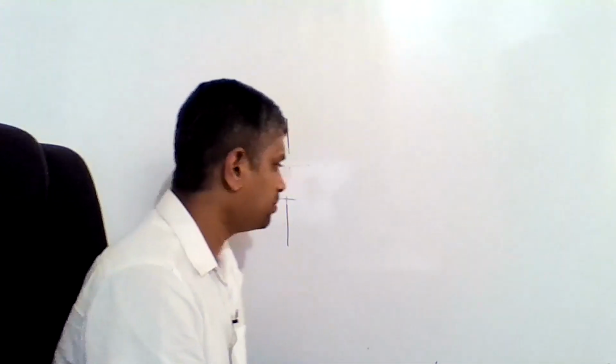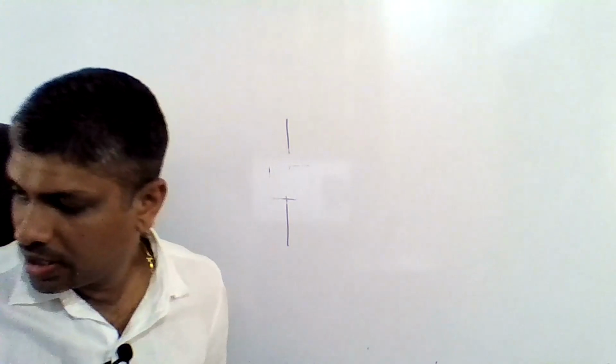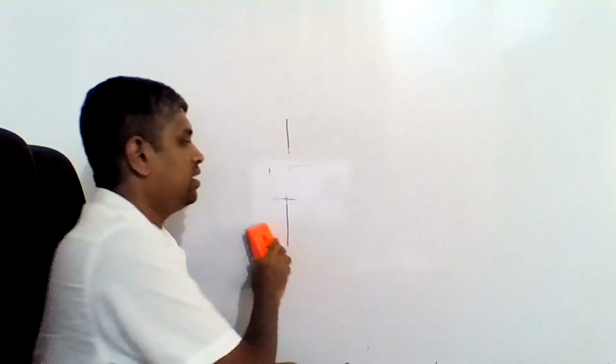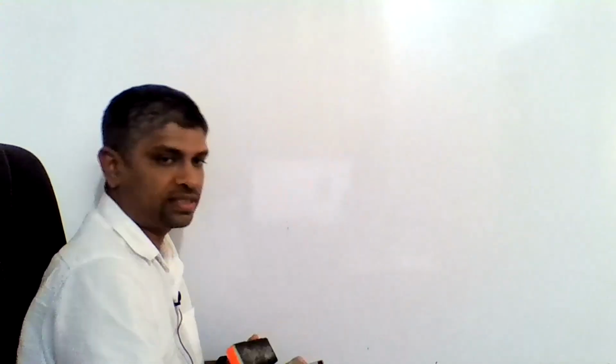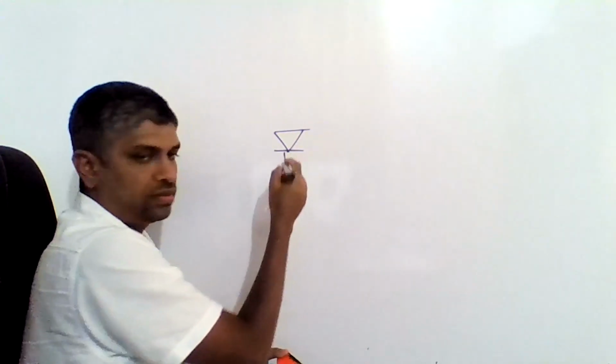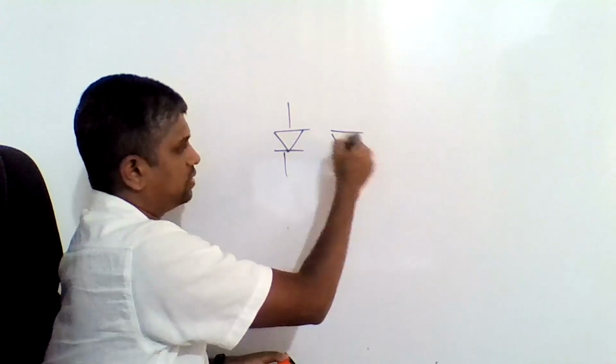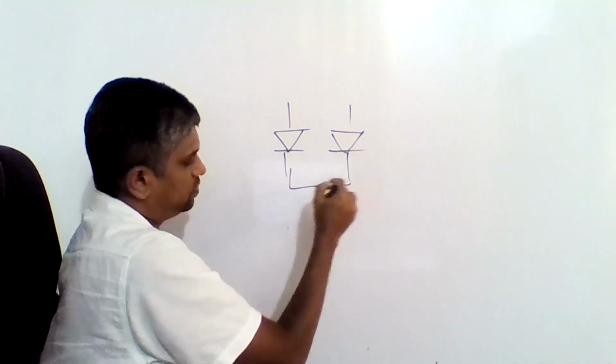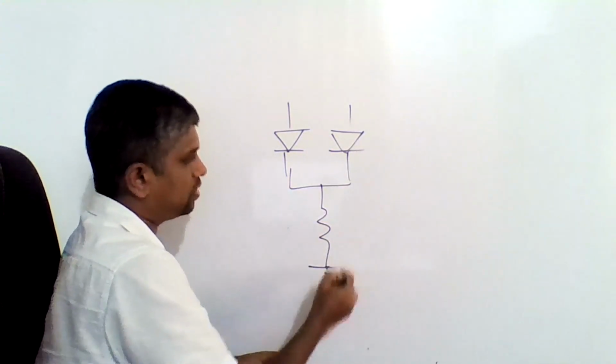Before moving to that, I have to do a minor correction related to practical number 2. You can remember we did a practical with 2 LEDs, with a common resistor. This is ground.